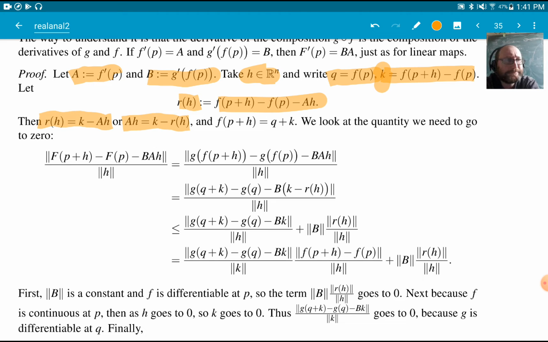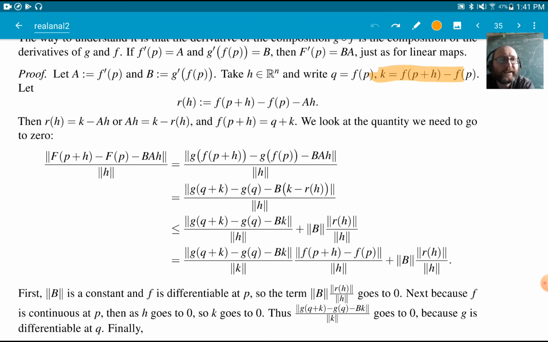So far, I'm just putting in names. Now if I rewrite this over here, I can solve for f(p+h) in terms of q, which is f(p), and k.